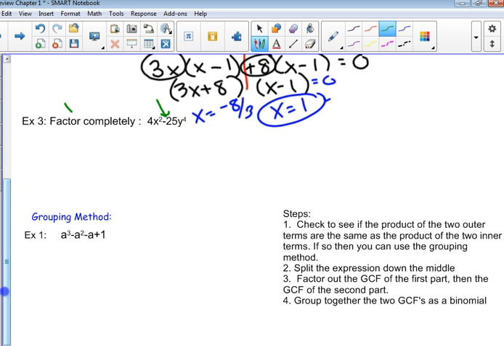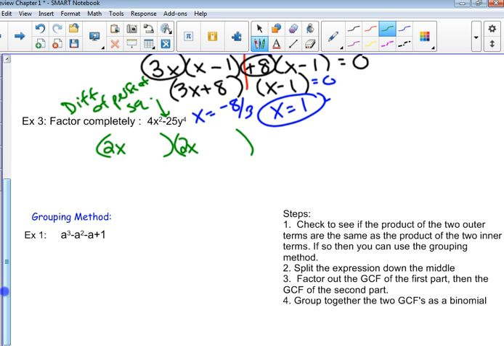So when you had difference of perfect squares, that's why you did your double bubble. And you almost want to act like you're taking the square root. So what's the square root of 4? 2 and 2. Good, so you do 2 and 2. What about x squared? X and x.